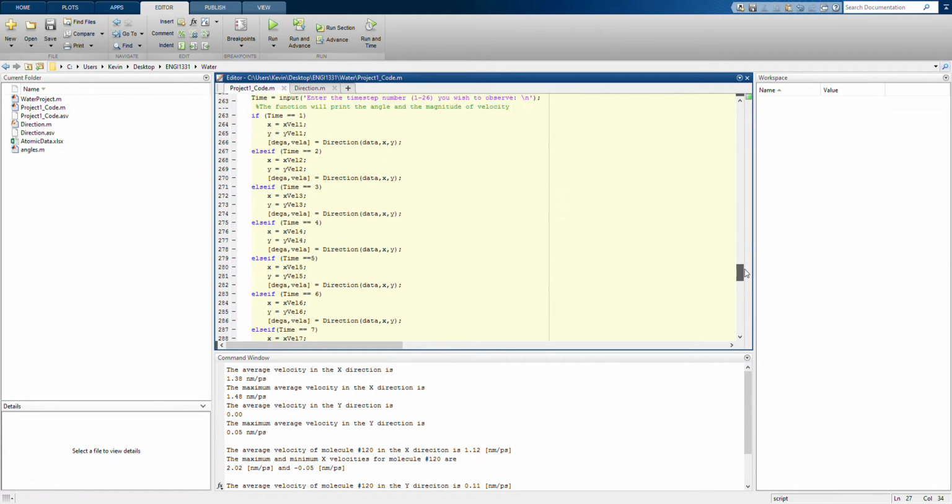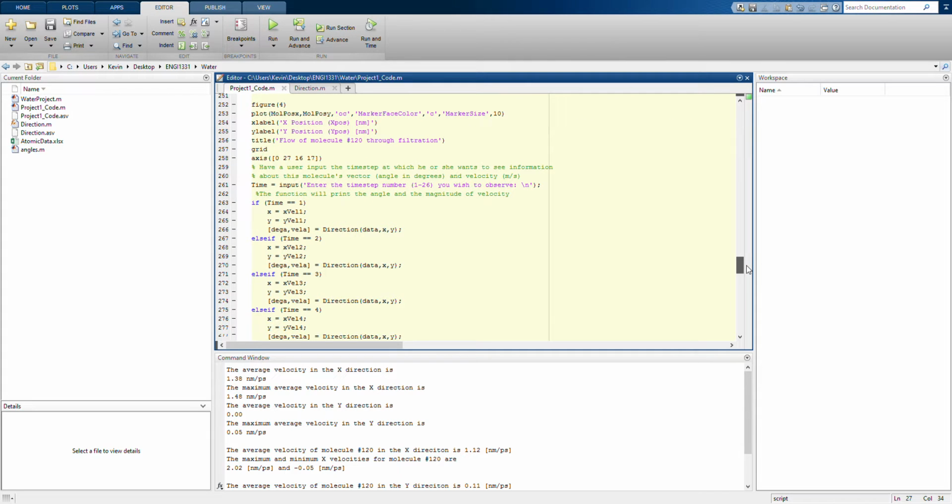We did that using conditionals, the if and elses. So if someone put in the time step equal to 1, let's say, then it would put the data for the x velocity at time step 1 and the y velocity at time step 1 into our direction function over here.